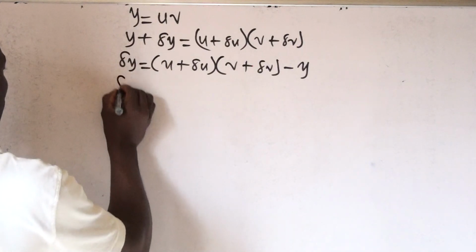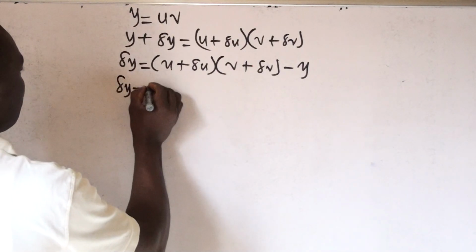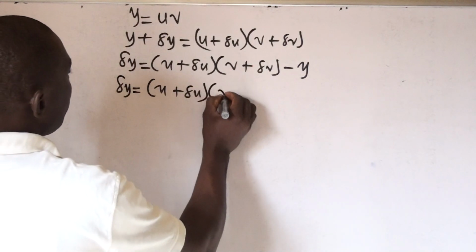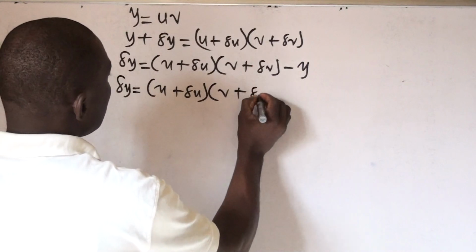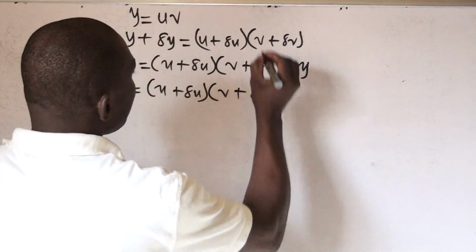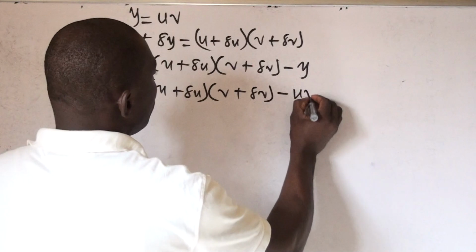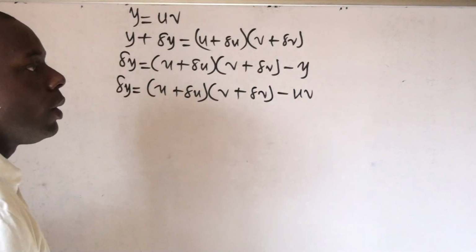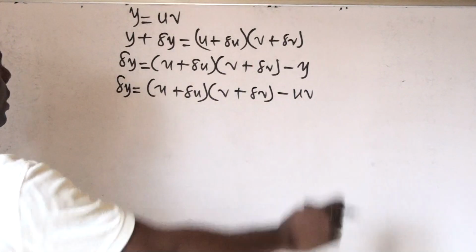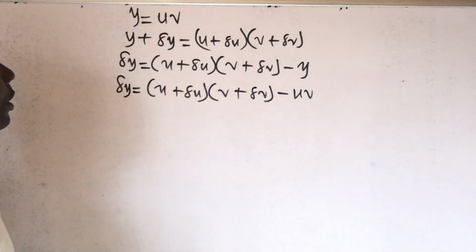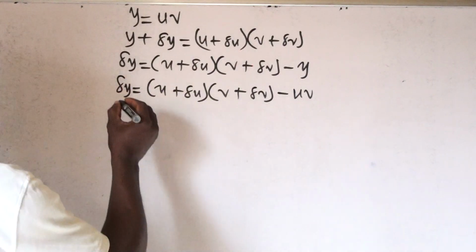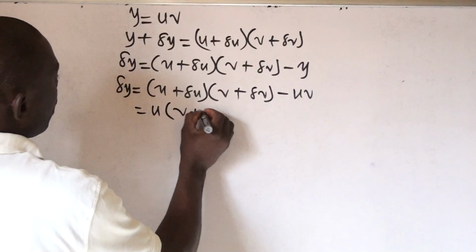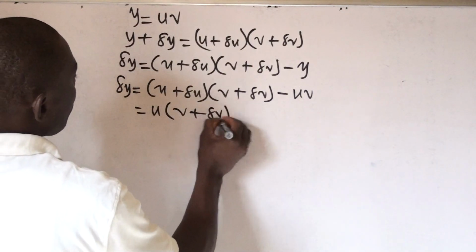So delta y equals (u plus delta u)(v plus delta v) minus uv. Our effort here is to open this bracket, to expand this expression, (u plus delta u) times (v plus delta v).